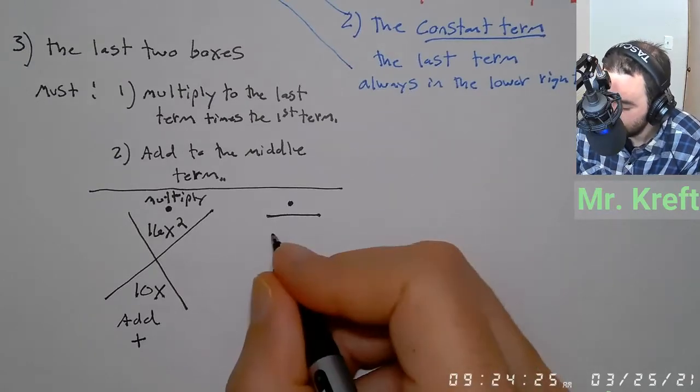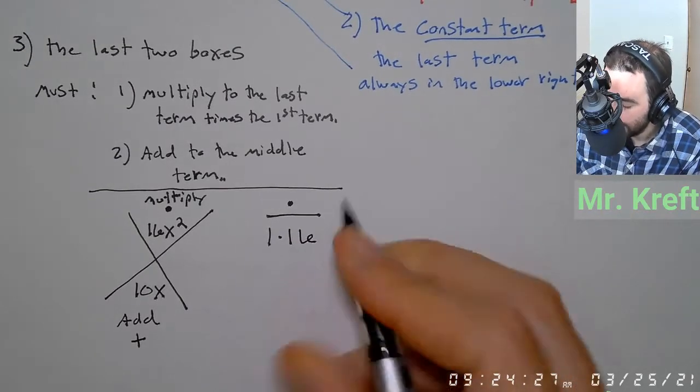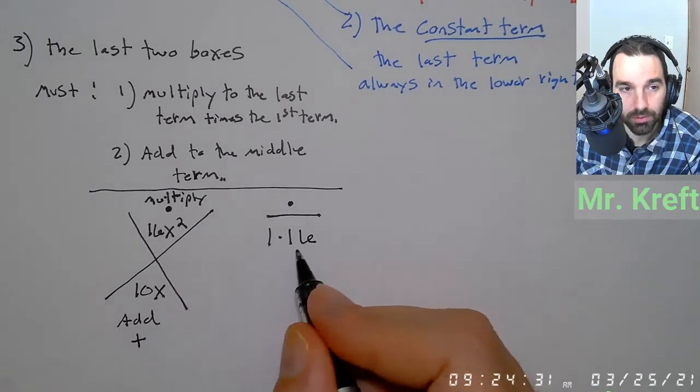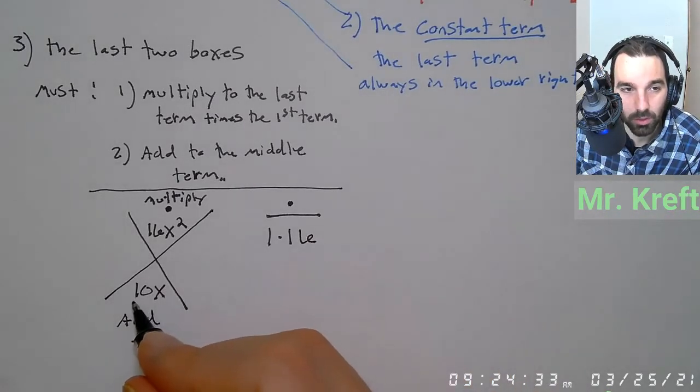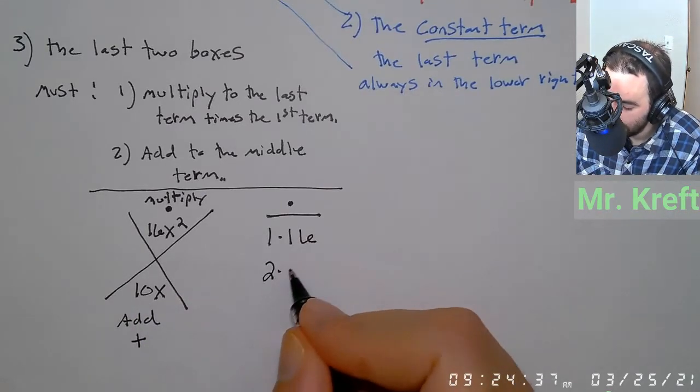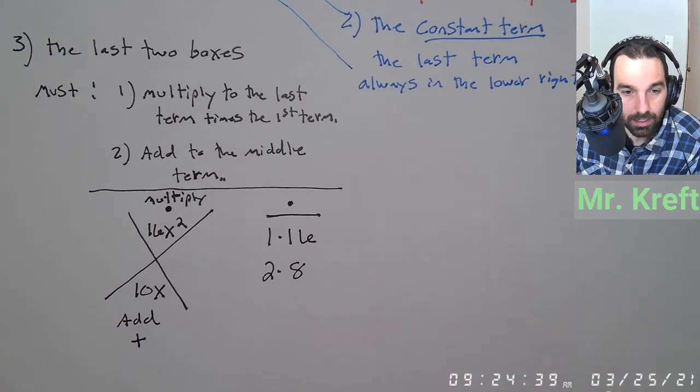Yeah, 1 and 16. Okay, but if I add 1 and 16, 1 plus 16 is 17, so that wouldn't work. I see someone said 2 times 8, and then, was there another one? 4 times 4?